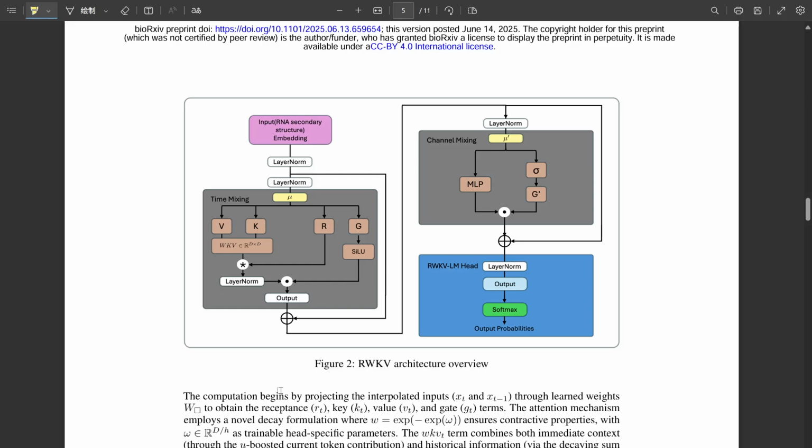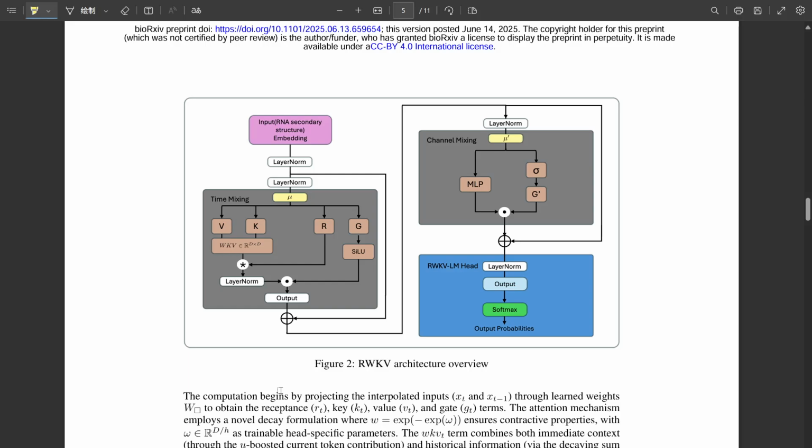The efficiency of RWKV, with its linear complexity and lightweight inference, makes it incredibly well-suited for the kind of iterative sampling and optimization under biological constraints, like that GC bias, that are so common in real-world RNA design workflows. So it proves you don't always need the absolute largest, most complex transformer model to solve really tough biological problems. That seems to be the message here. Smart architecture and clever training can go a very long way. That's a powerful statement in the current AI climate.